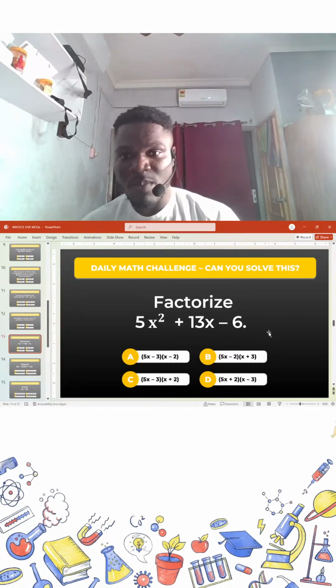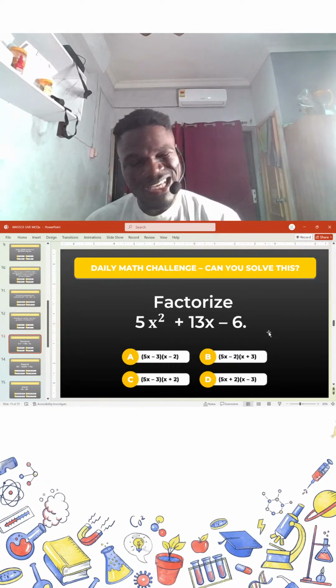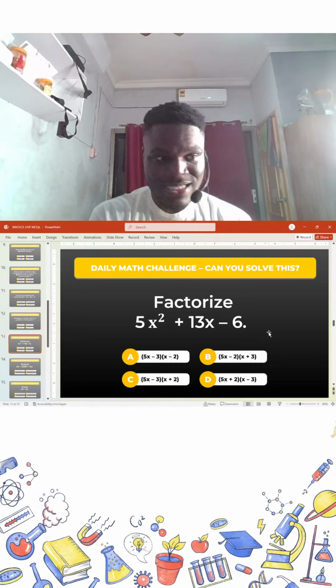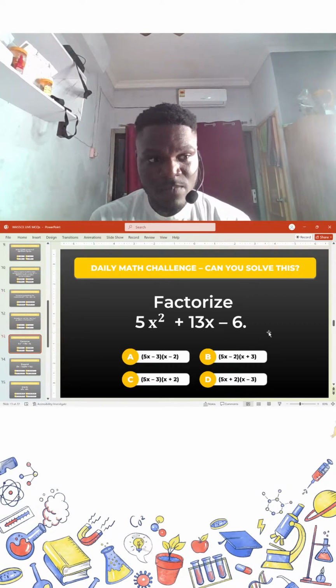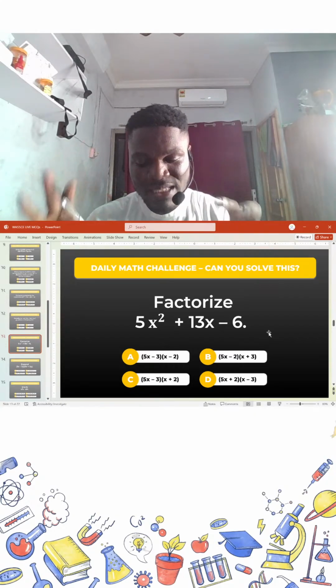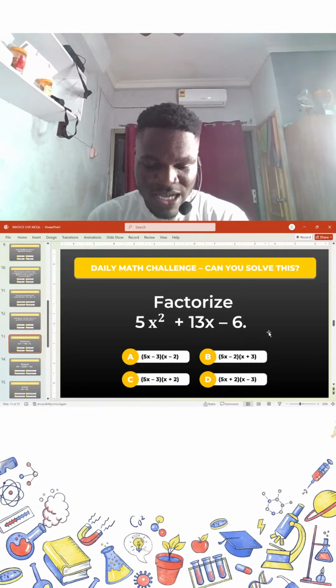We can also use that formula to do the factorization, but that will take a little bit of time. The simplest way, without using that formula, is to multiply the a term by the c term, which in this case is 5 multiplied by negative 6, and that gives us negative 30. Are we okay? Now, which two numbers, when we multiply, give us negative 30, but when we add or subtract, give us positive 13?